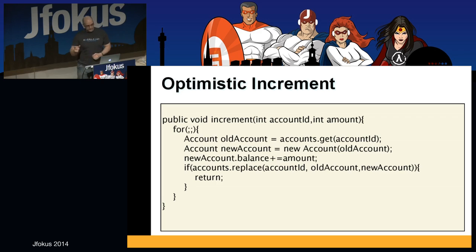So the binary comparison of the object needs to be the same. Therefore I need to keep the old object as it was, and then I need to create a new object based on the old object. Once I create a new object, I can just increase the balance by a given amount, and I'm going to call account.replace. And it will succeed if the old data was still there and the new data is written.